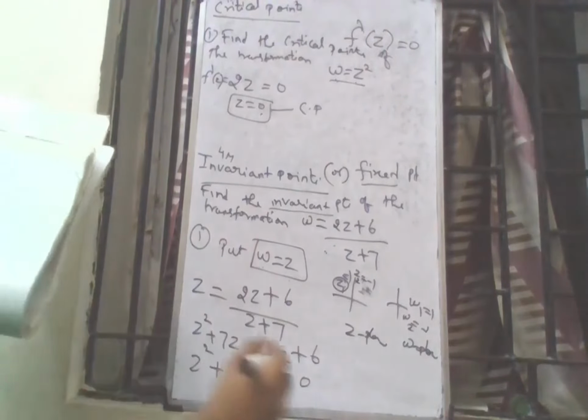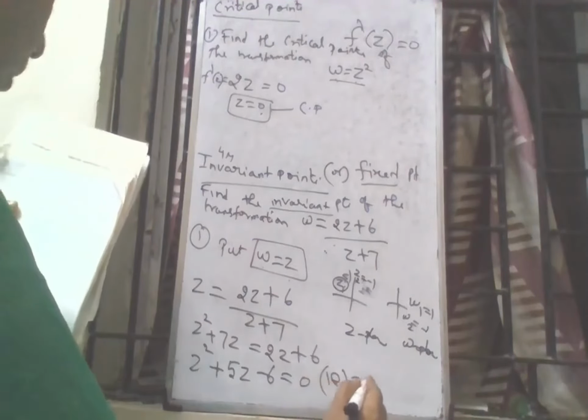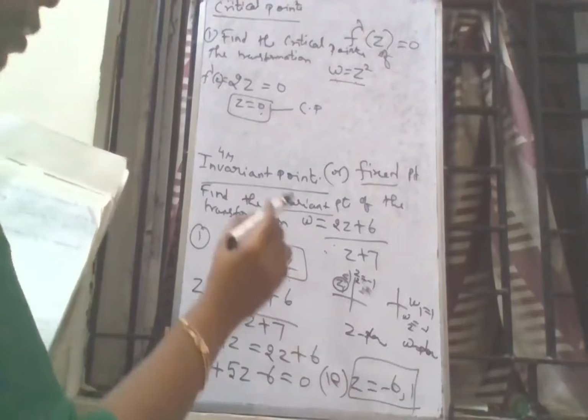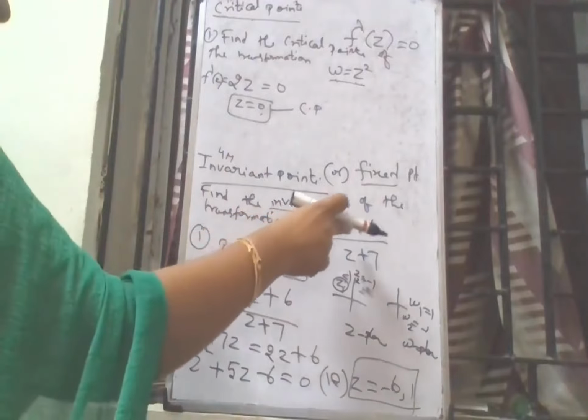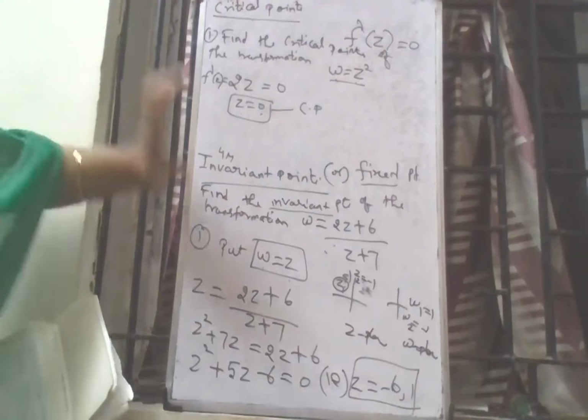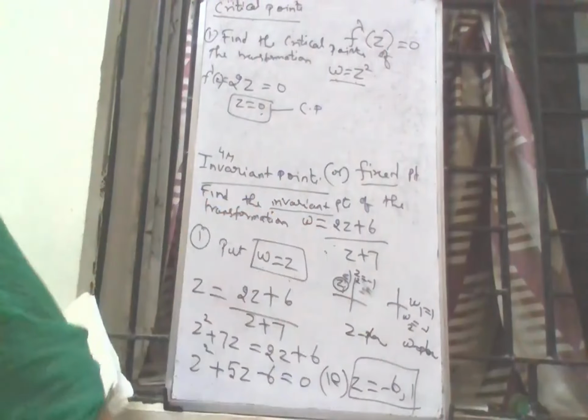Followed or not? So at last, what is the value of z? z is -6, 1. So this is nothing but the invariant points for this transformation. Okay, -6 and 1 are invariant points for this transformation.